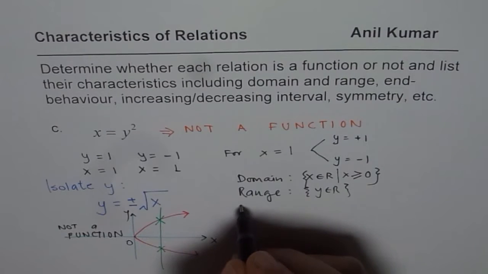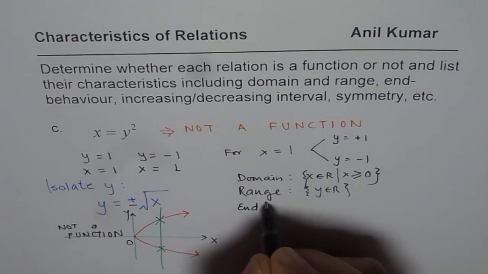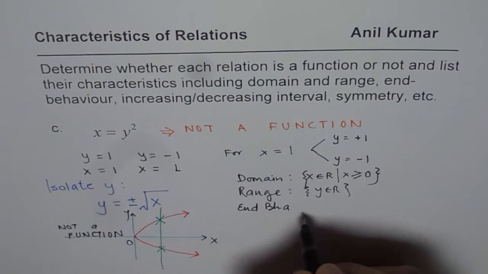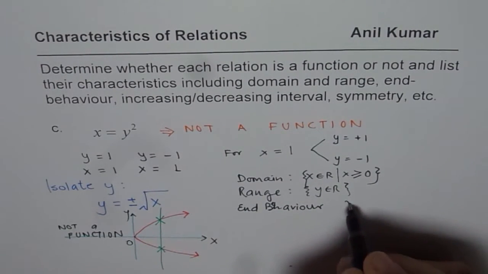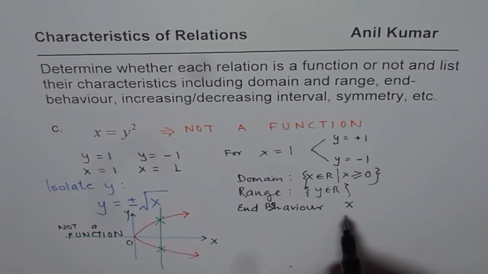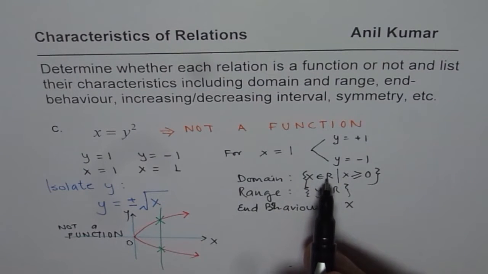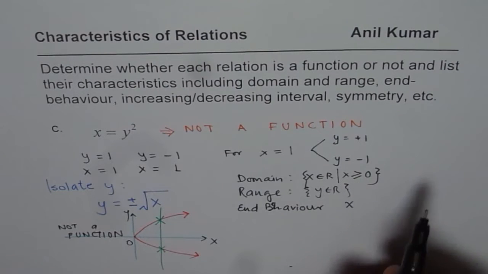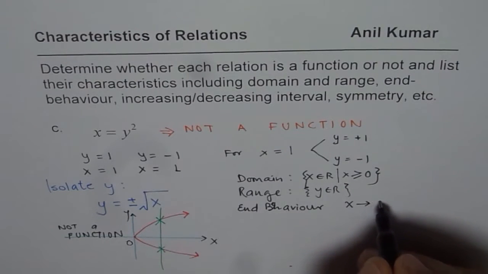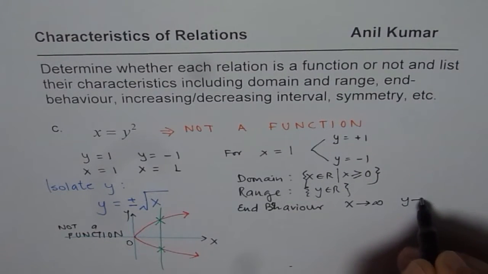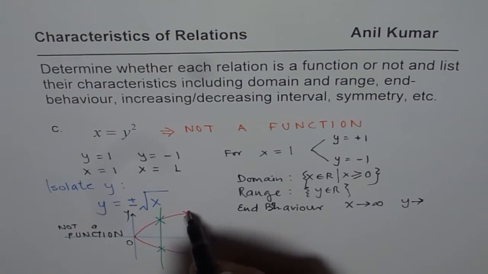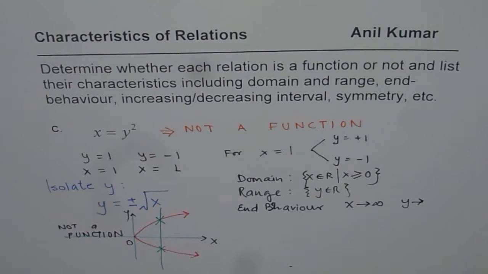End behavior is what happens to the graph as x approaches large negative and positive values. Since the domain is to the right side of the origin, we can only approach positive infinity. In that case, y approaches both ways, negative and positive infinity.